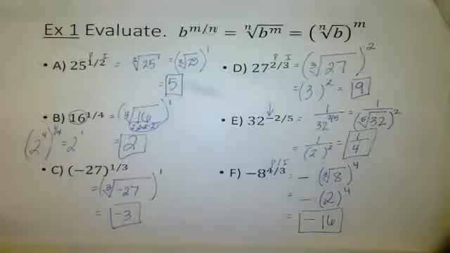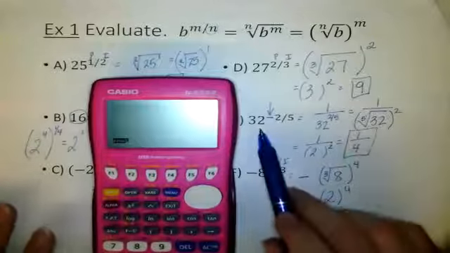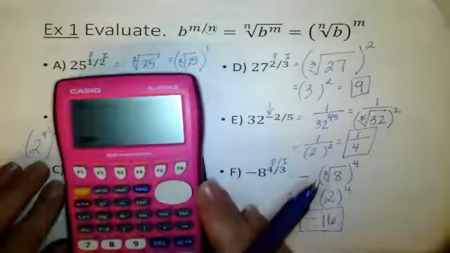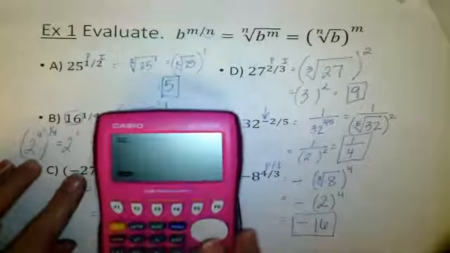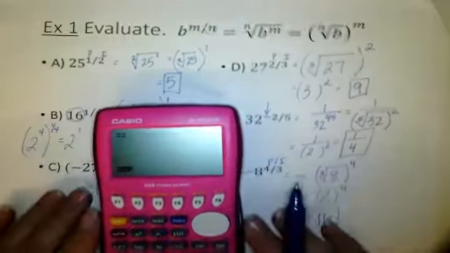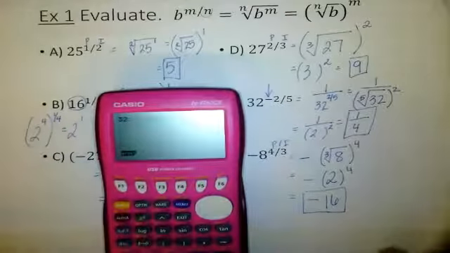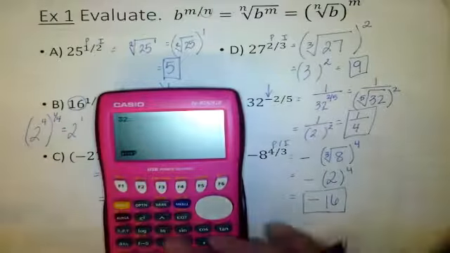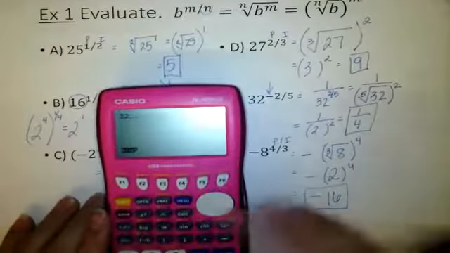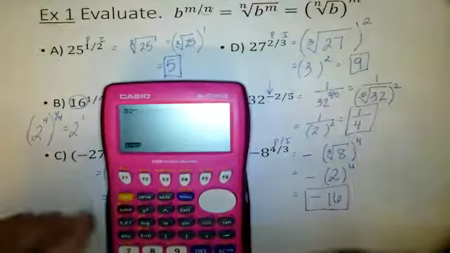In case you were curious, all of these can be done on your calculators. So something like 32 to the negative 2/5. In the Casio here, it's a little more complicated. 32, then this button is called a caret. It's the little pointy arrow thingy. And then I'm going to put this entire 2/5 in parentheses.